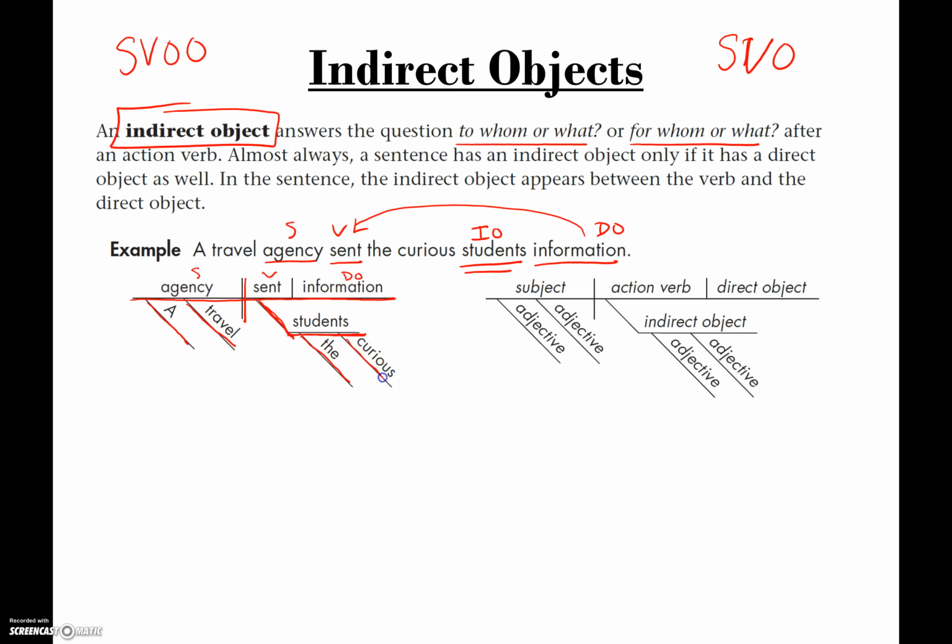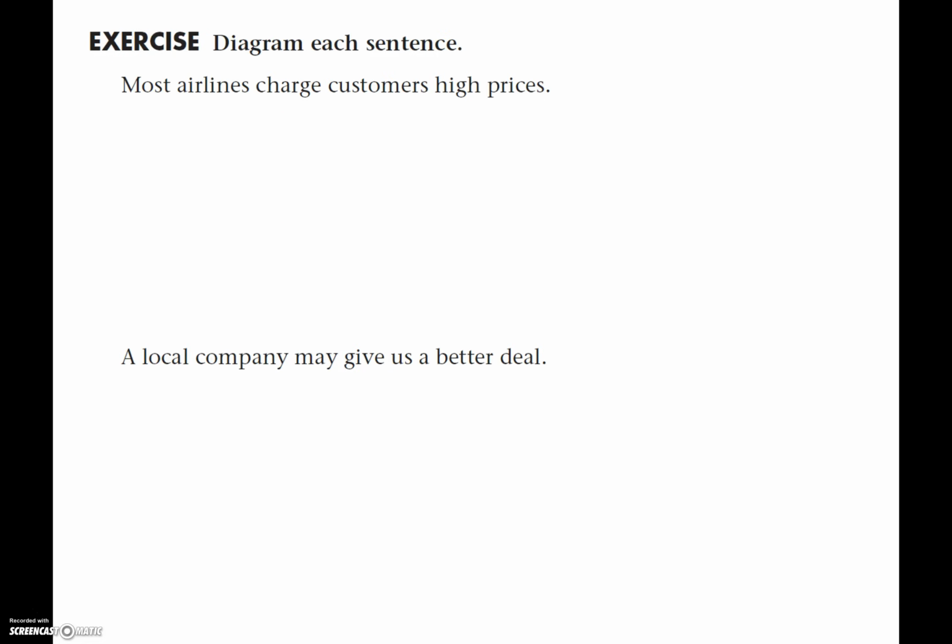Underneath, you can put any adjectives or adverbs you have, just like we've been doing before. Something I want to point out here is that I am not writing the indirect object on this diagonal line. It must go on the horizontal part. When things get a little bit more complicated later, other stuff is going to go on that diagonal, so leave space there. Why don't you try these two and then unpause the video when you're ready to check your work.